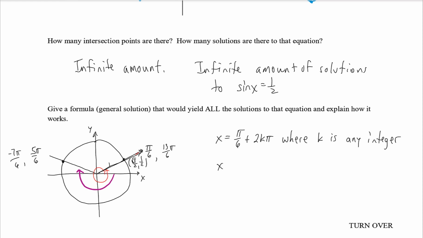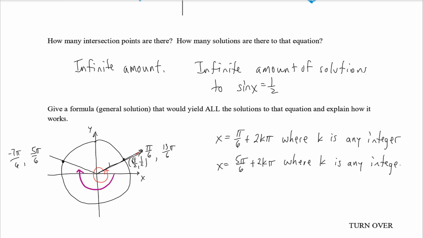But x could also be 5 pi over 6. And I could add or subtract multiples of 2 pi to that to get right back to that terminal side. So I could also add plus 2k pi, where k is any integer.